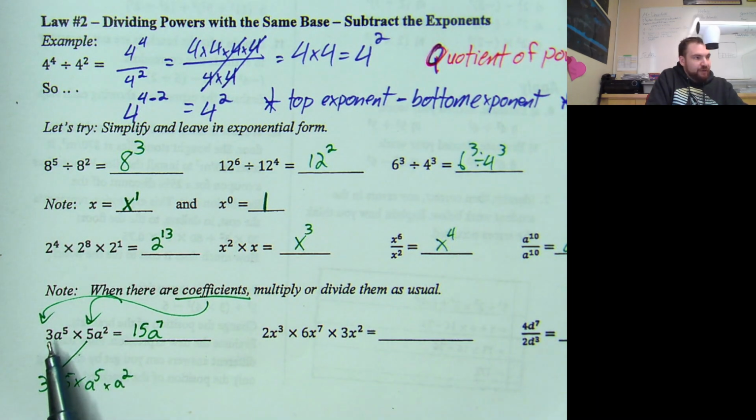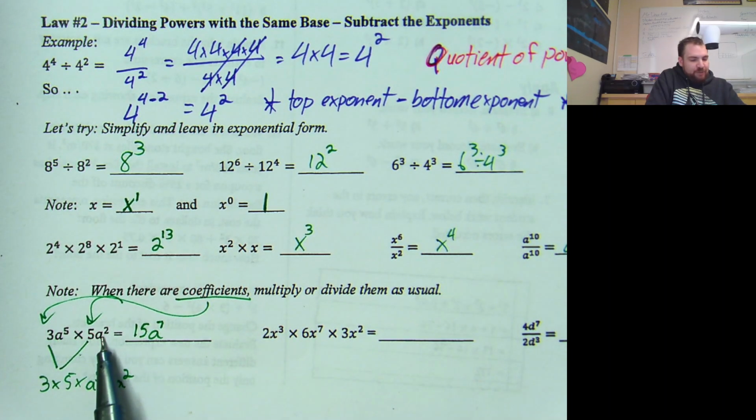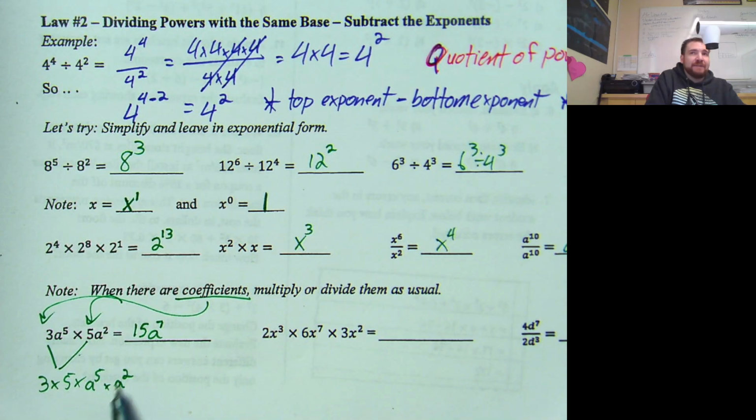When I have a coefficient out front, this is the same as 3 times a to the 5 and 5 times a squared. So I can just rejig my multiplication as 3 times 5 times a to the 5 times a squared. 3 times 5 is 15. And then here, because I'm multiplying the bases, I add the exponents. A to the 5 times a squared is a to the 7. Okay. That's how you slow that down.